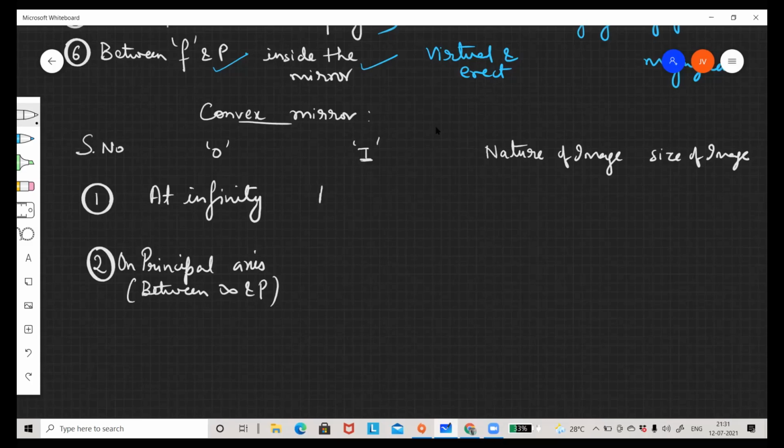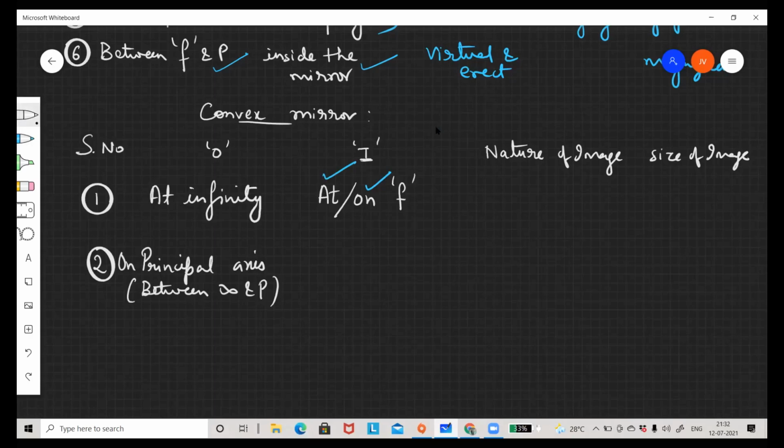Image is always formed at or on principal focus. If the parallel beam of light rays incident on the mirror are parallel to principal axis, then on F. At F, if the beam of light incident on the mirror is not parallel to principal axis. Like this, we can have two ray diagrams for the at and on case.